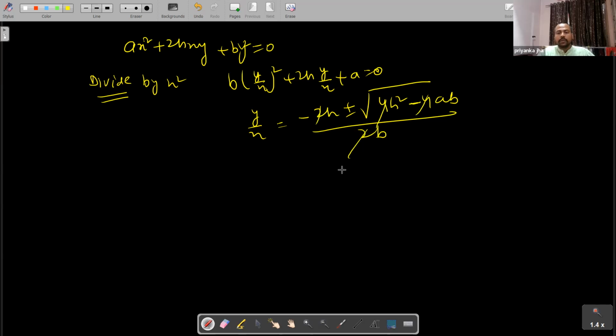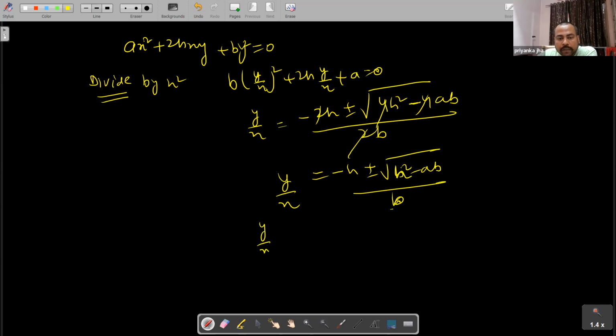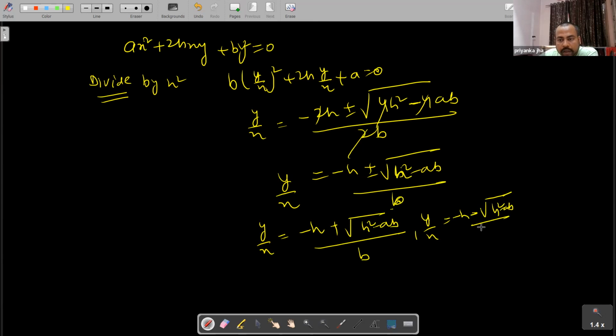Now this simplifies to minus h plus minus under root h square minus ab upon b. You can see this is y by x. Now notice one thing. y by x will have two values: minus h plus under root h square minus ab upon b, and minus h minus under root h square minus ab upon b.